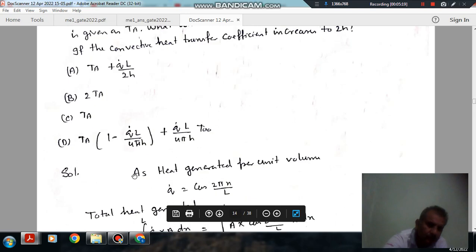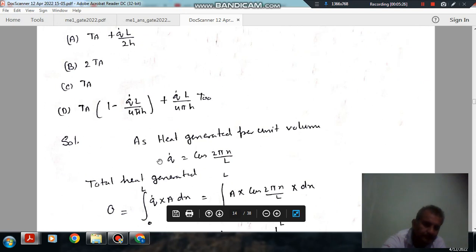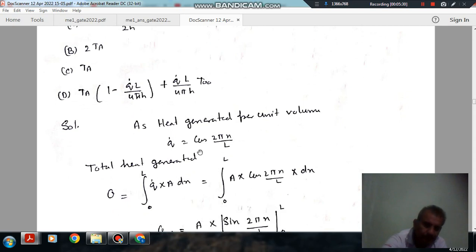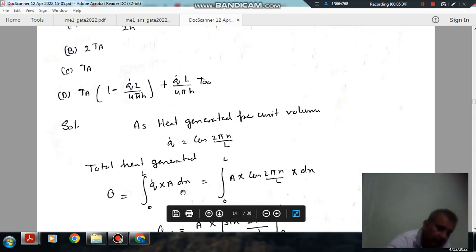Okay, so heat generated per unit volume is given as Q dot equal to cos 2 pi x by L. If we take a small strip along the length of thickness dx, and as the area is constant, this is the heat generated within that small volume.